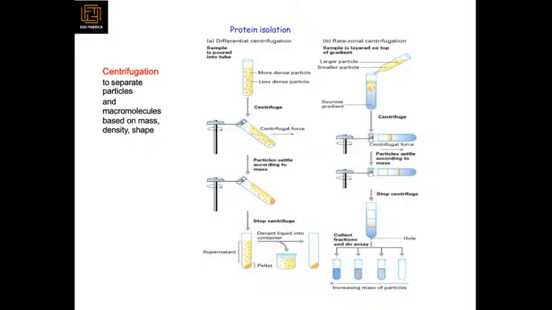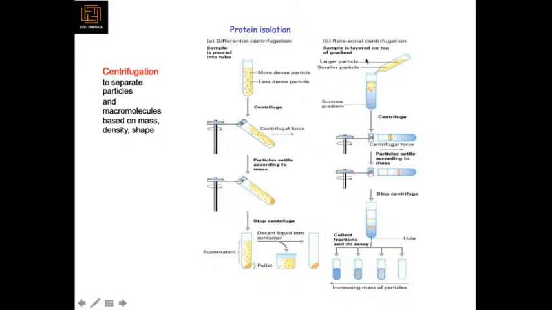You can do it with differential centrifugation and rate zonal centrifugation. In differential centrifugation, your particles settle according to mass. Then you centrifuge, stop the centrifuge, and check the pellet. Then you decant the liquid into a container, and at the bottom, in the pellet, you have the cells you are looking for.